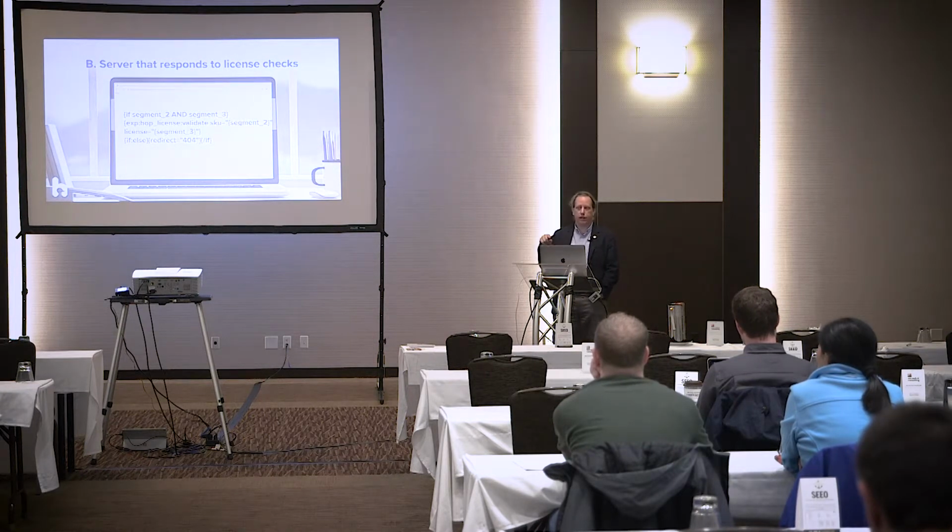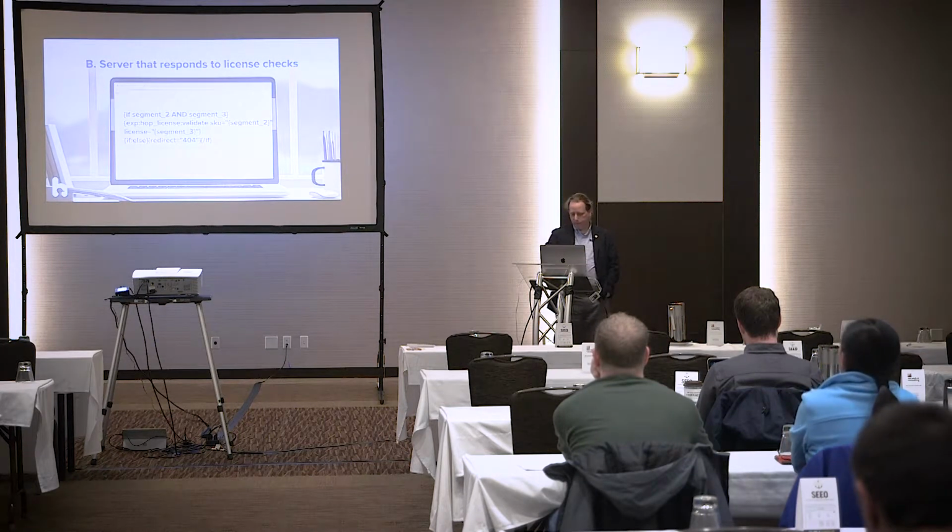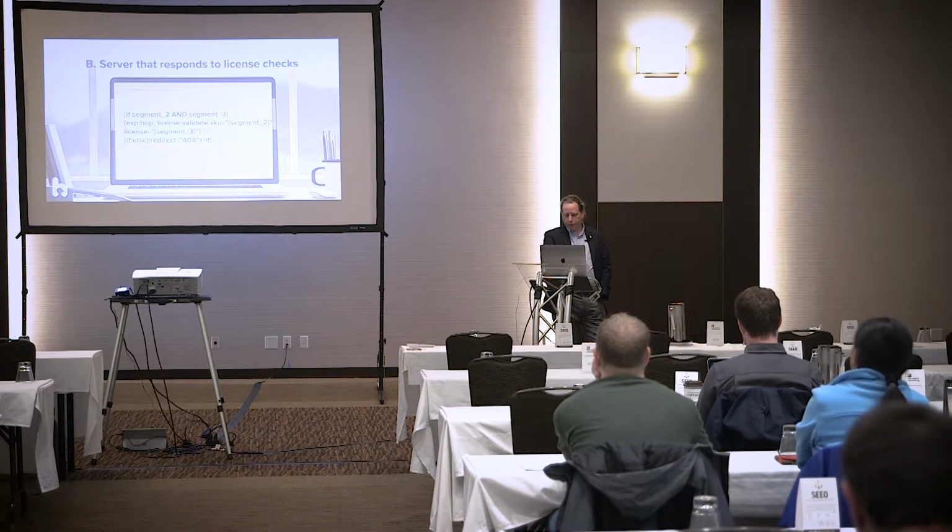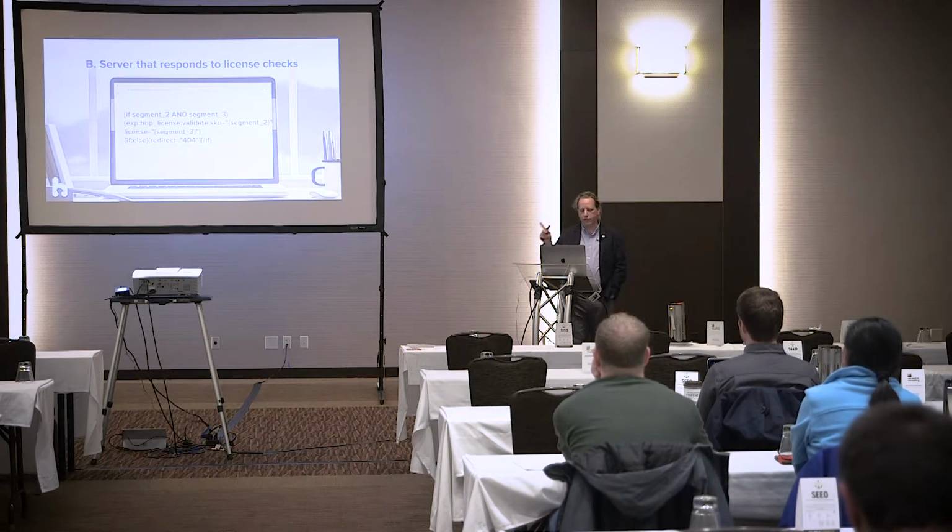We do keep a record of the IP address of valid license matches. Let me read this carefully here. We do keep a longer record of what IPs a valid license is checked from, so that we can look for abuse, valid licenses that are used over and over from multiple sources.